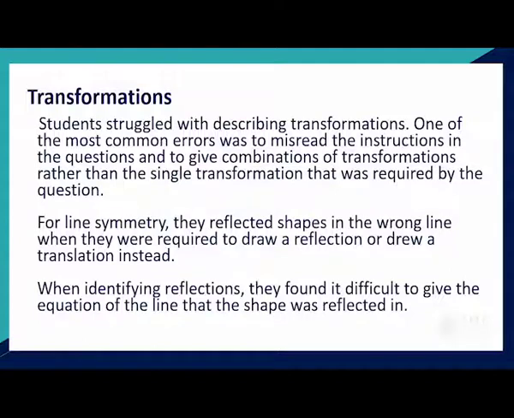For line of symmetry, they reflected the shapes in the wrong line when they were required to draw a reflection, and drew a translation instead. Also, they found it difficult to give the equation of the line that the shape was reflected on.